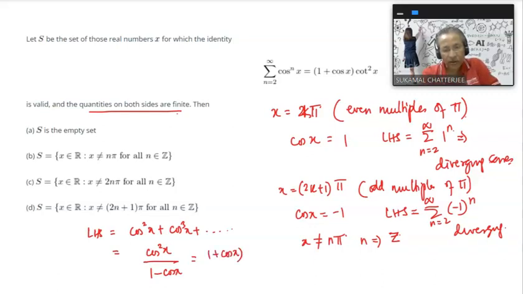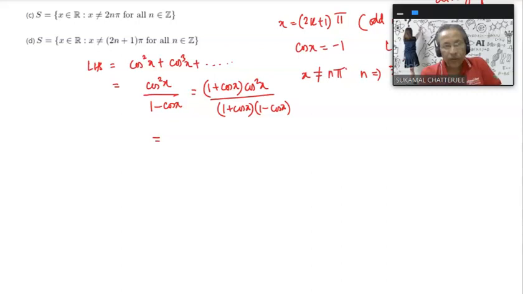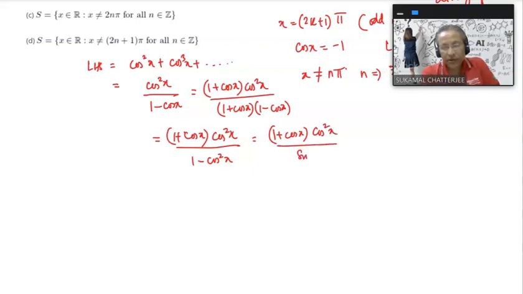So I get (1 plus cos x) times cos square x by (1 plus cos x) times (1 minus cos x), which simplifies to (1 plus cos x) times cos square x by (1 minus cos square x), which is (1 plus cos x) times cos square x by sin square x, which is (1 plus cos x) times cot square x.